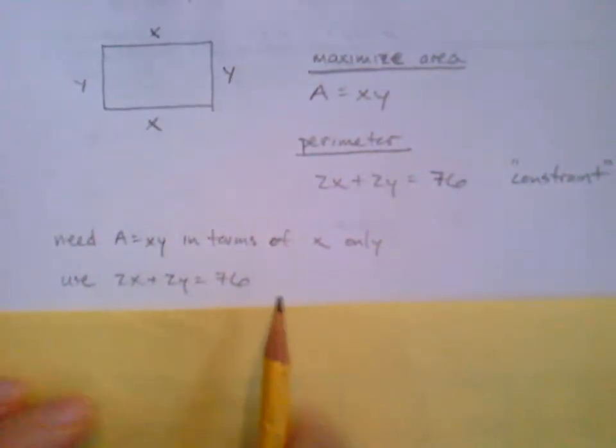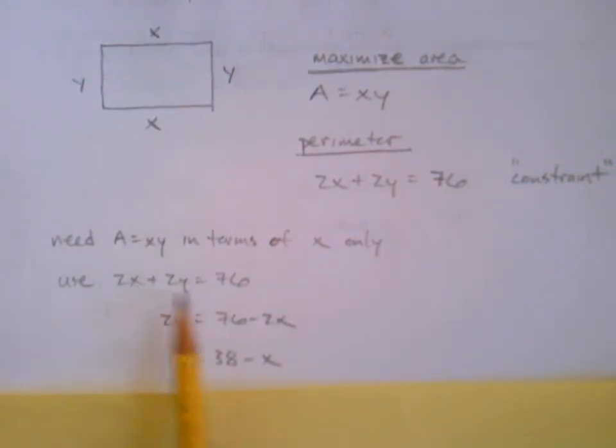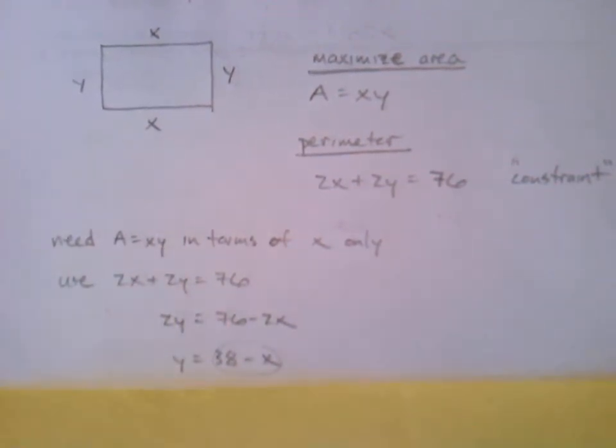So how are we going to do that? What if we were to solve for y and then plug it in? Pretty quickly we can isolate y. y will equal 38 minus x. And we're going to take that, 38 minus x, and put it in for y right there.